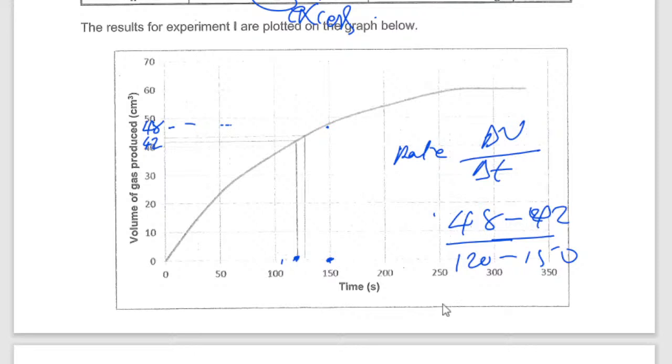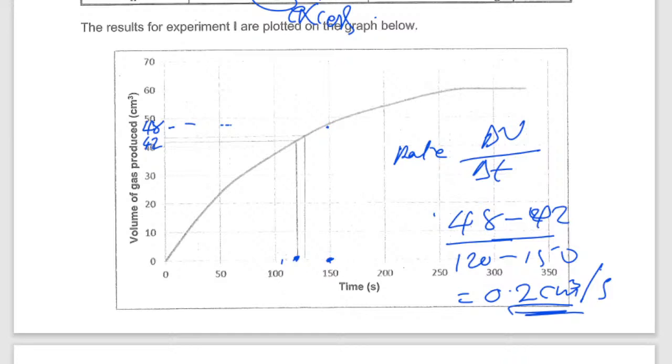When I divide, you end up having 0.2 centimeters cubed per second. You understand? Because this is measured in cubed. Centimeters cubed per second. So that was supposed to be the answer.